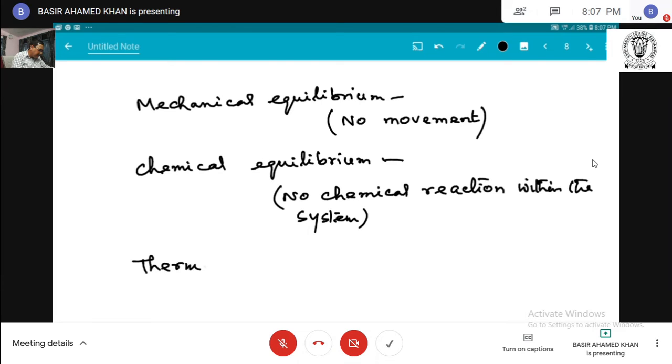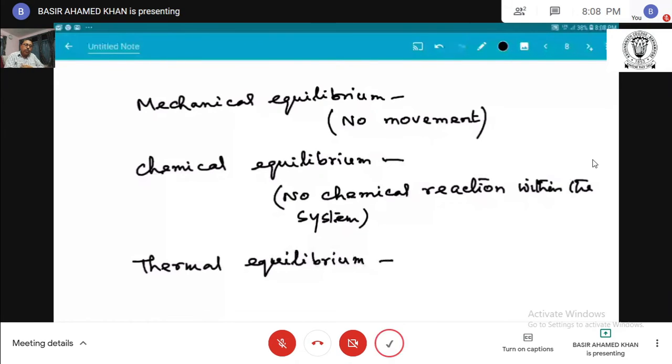Thermal equilibrium. For a system to be in thermal equilibrium, there should be no temperature difference between the parts of the system or between the system and the surrounding.